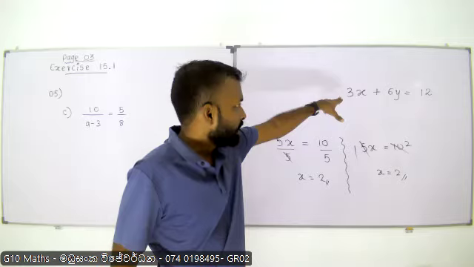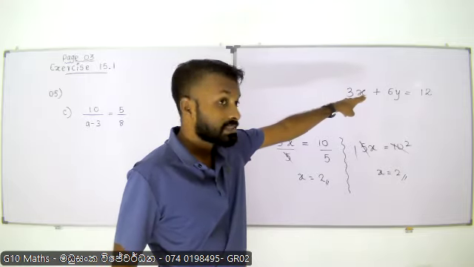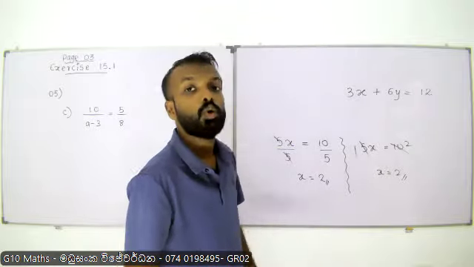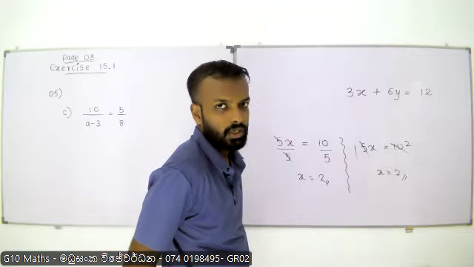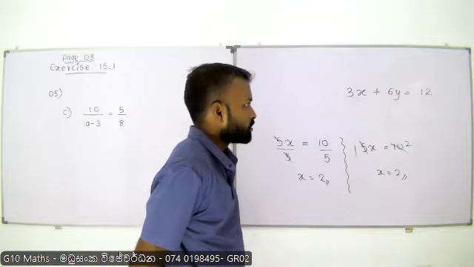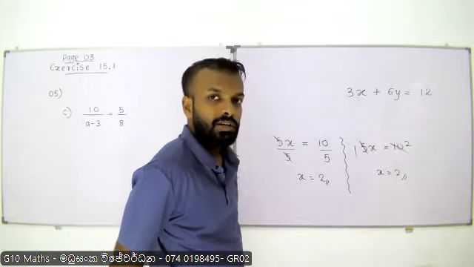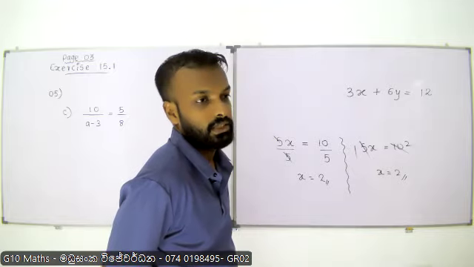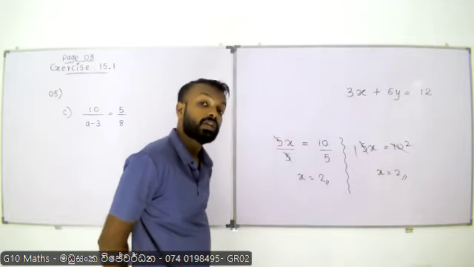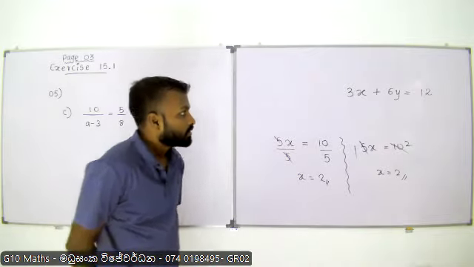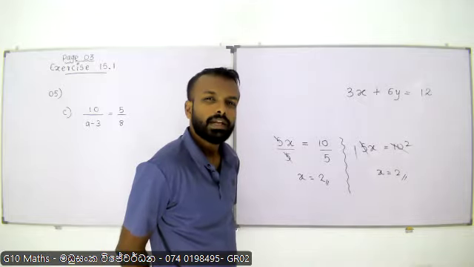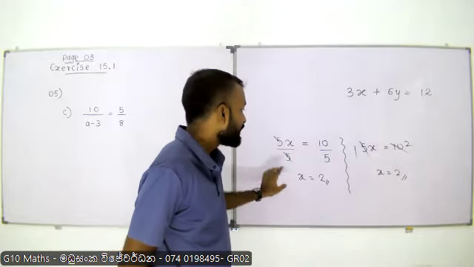Now you see here you have 3x, there you have 6y, and in your right hand side you have 12. So you see 3, 6 and 12 are multiples of 3. Right? So you are going to divide each and every term by 3 like this.